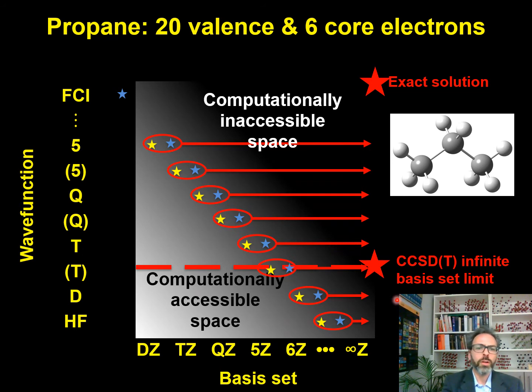So we can do this for all of the energetic components, and a key feature that the composite methods rely on is that as we go to higher and higher excitations, the basis set convergence is accelerated, and we need smaller and smaller basis sets in order to approximate the infinite basis set limit. So now we are going to take all of these energy components and we can sum them up and obtain an estimate to the exact non-relativistic electronic energy.